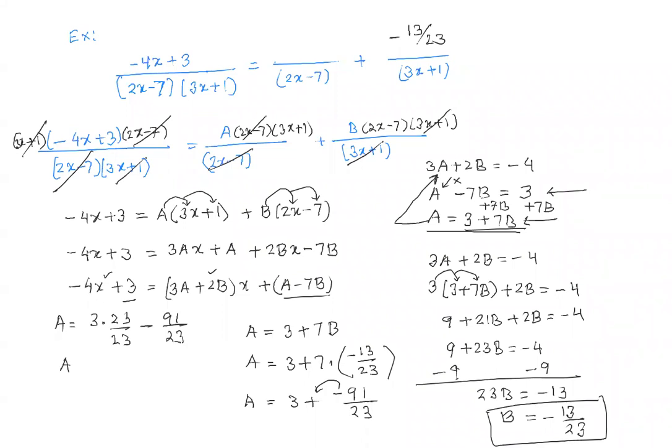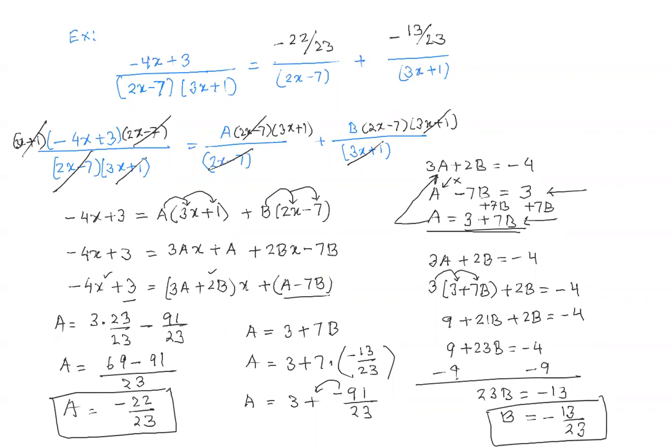That gives me a is equal to 3 times 23, which is 69, minus 91, divided by 23. So a is equal to negative 22 over 23. And that is your a.